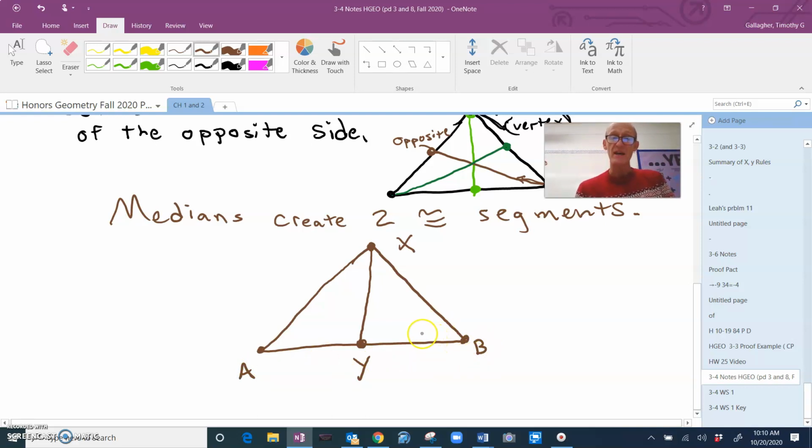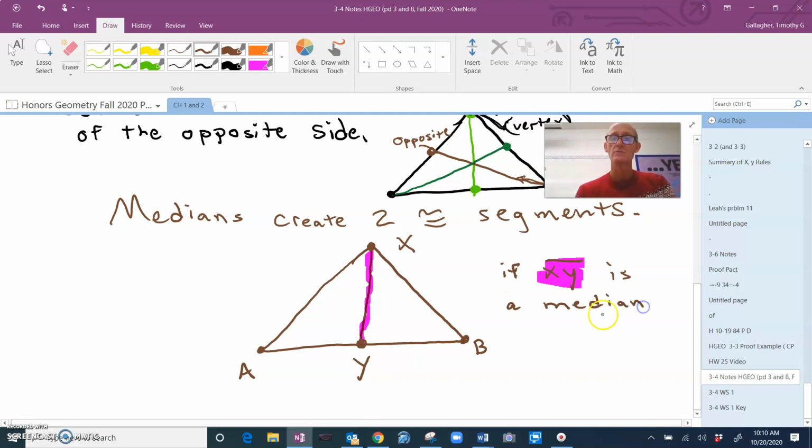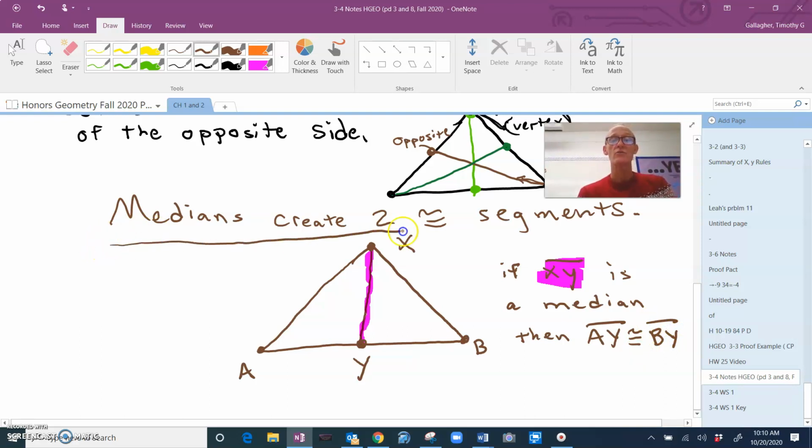So that means that if XY, which is this segment right here, is a median, then AY is congruent to BY, because medians create two congruent segments.